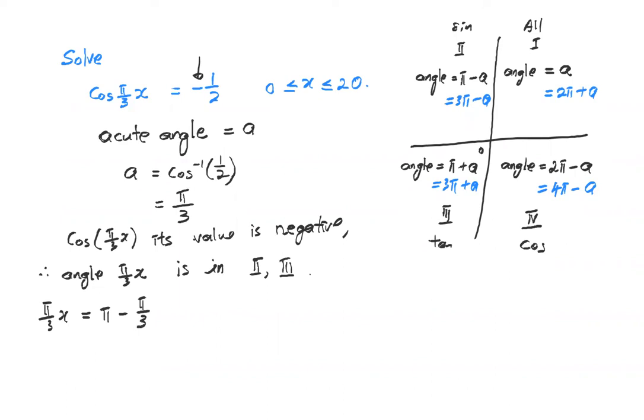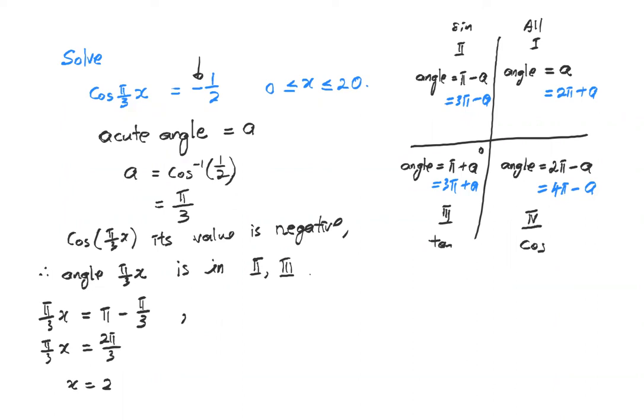Am I right? So calculate. This is 2 pi by 3. So your x equal to 2. You go on and on until you finish up the whole thing.